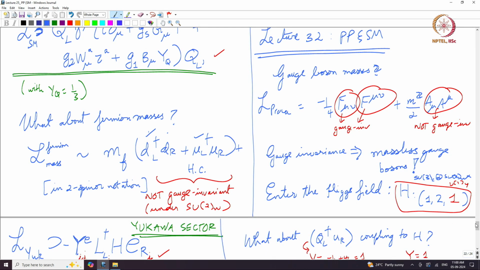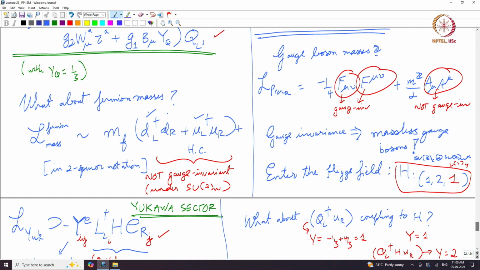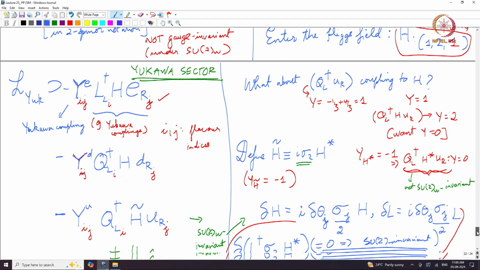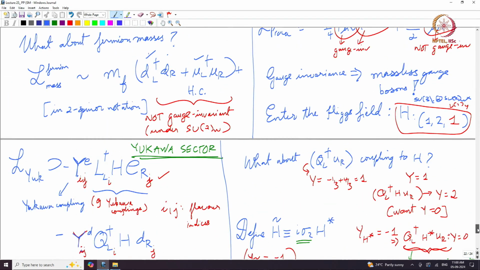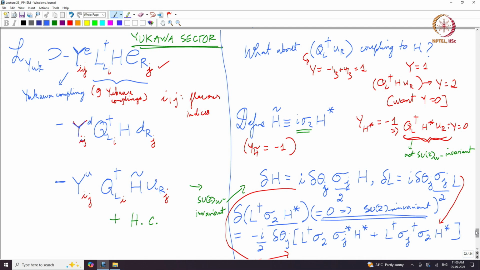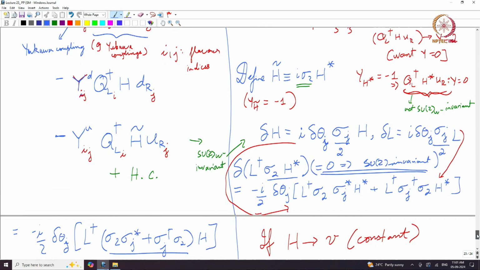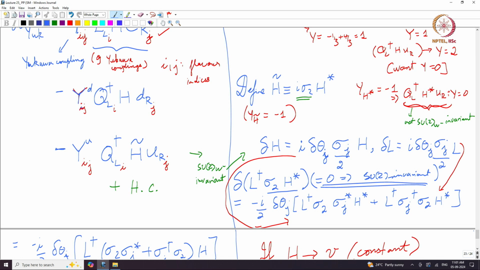The bandage that we put in here was to introduce a new field, the Higgs field, which is a doublet under SU2, and once you have the quantum number specified this way, you cannot help writing down interactions of the Higgs field with left handed and right handed fermions, correct.